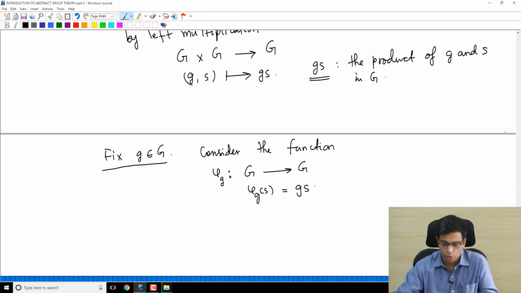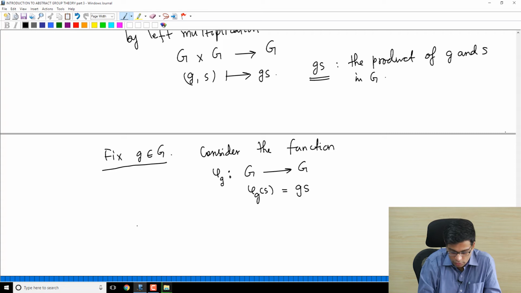One is as a group, the other is as a set. Here I am thinking of G as a set. I am fixing a group element g. I am giving you a function from the set G to the set G. Because it is determined by small g, I am going to denote the function by phi subscript g. So what does it do? It takes an element small s and maps it to gs.